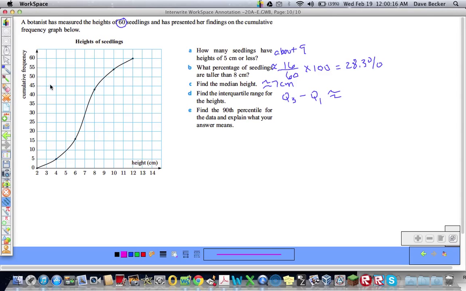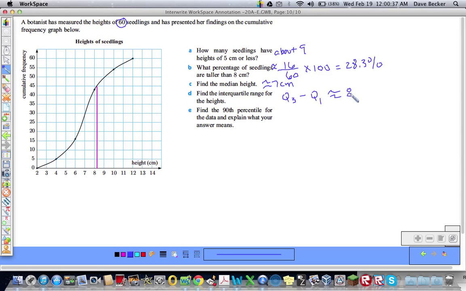If I go over to 45, I don't have to draw a line because 45 is right there, but I might draw a line straight down, and it looks to me like about 8.2, 8.3, I guess I'll go with 8.3.